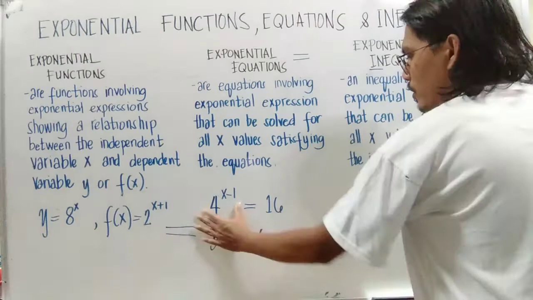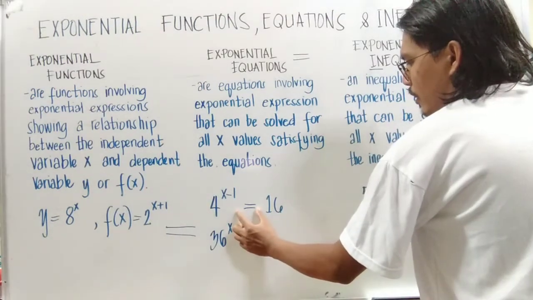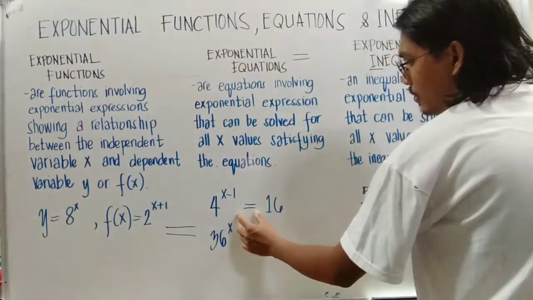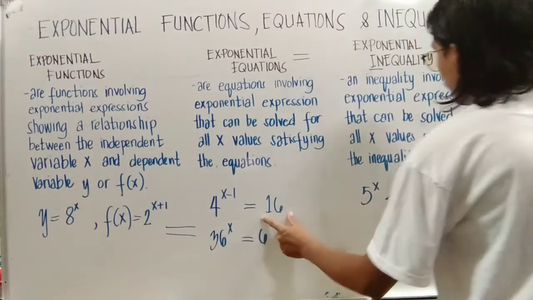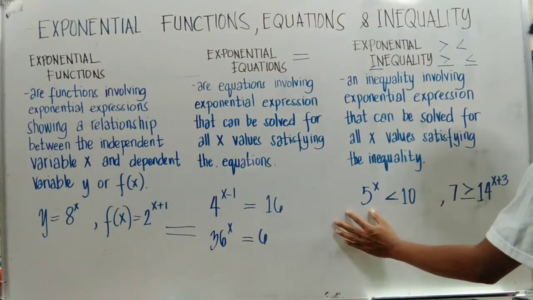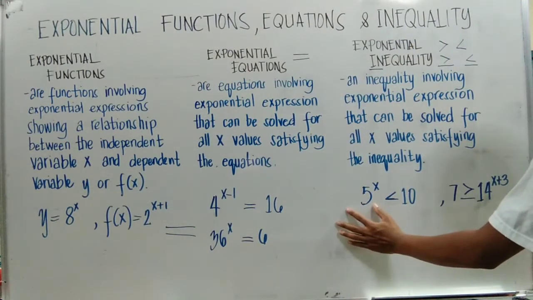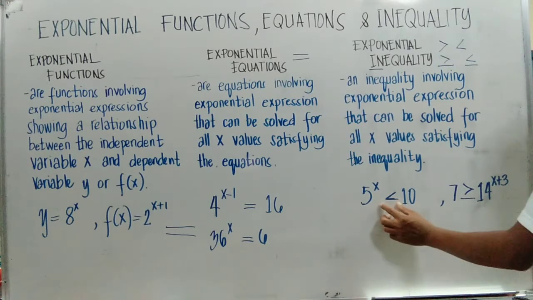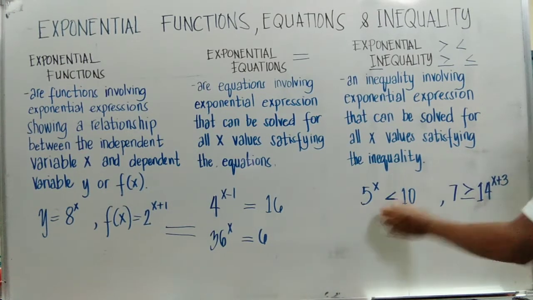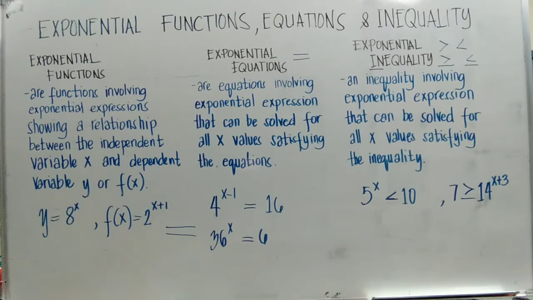In the equation, we have the equal symbol, and then we have 16. In this one, we have this exponential expression, then we have 10, and the symbol between is less than. So that is a very simple explanation of how to understand your exponential functions, equations, and inequality.